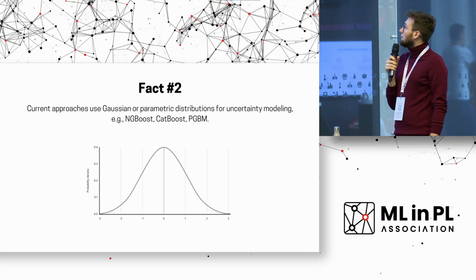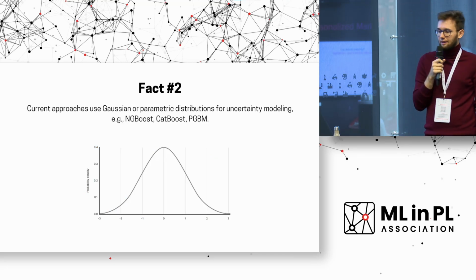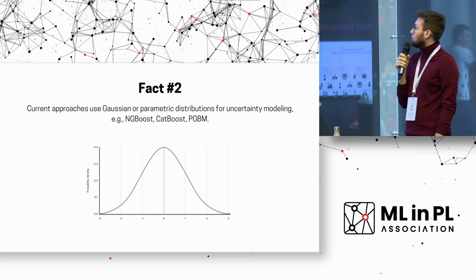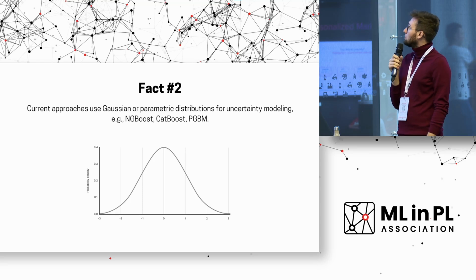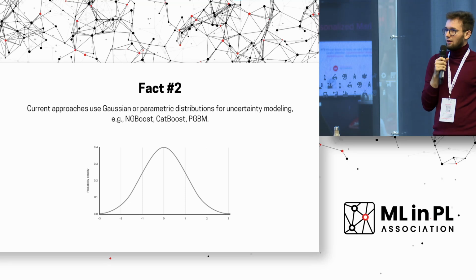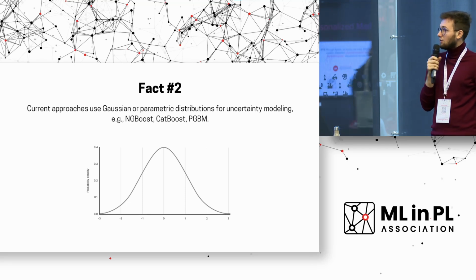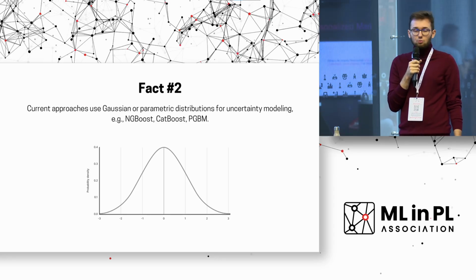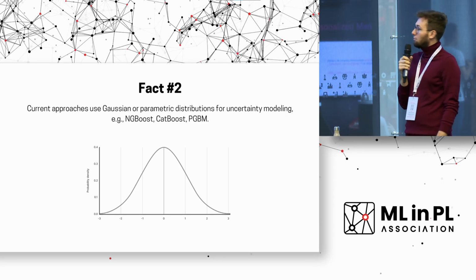Recently, there were some extensions of those methods to the probabilistic setup, for example NGBoost, CatBoost, and PGBM, and they were able to model the target variable using a probabilistic distribution, usually a Gaussian distribution or some other parametric distribution.